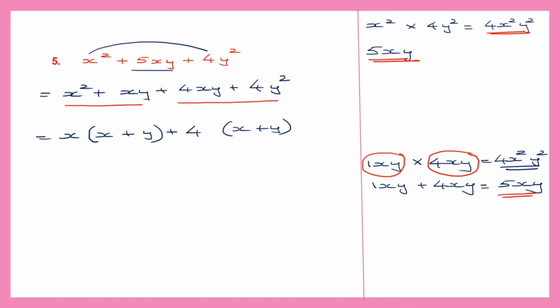Only y is left. And when I multiply, I get 4y into x will give me 4xy. 4y into y will give me 4y square. So now let me get my terms. The common one is x plus y and the other one is x plus 4y. These are my factors.